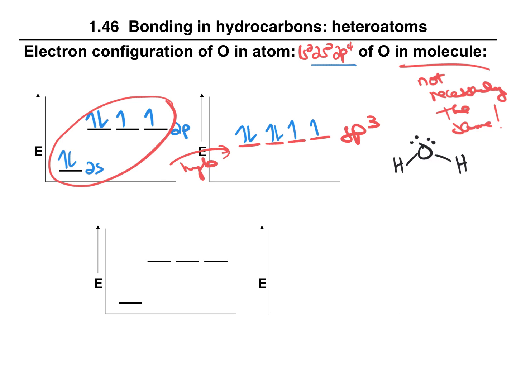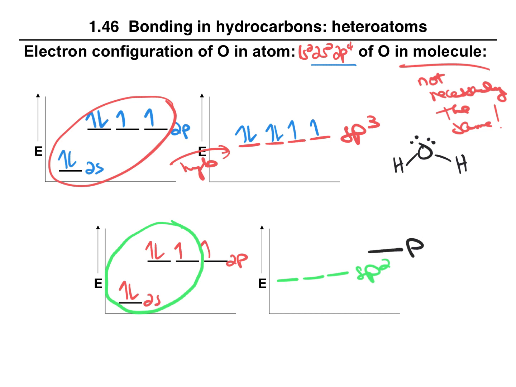Let's look at another example sticking with oxygen. We have 2 electrons in our 2s and 4 electrons in our 2p. What if we blended the s orbital and 2 of the p orbitals? The combination of these 3 orbitals gives us 3 new hybridized orbitals, and these are sp2 hybridized, leaving us with 1 p orbital unchanged.